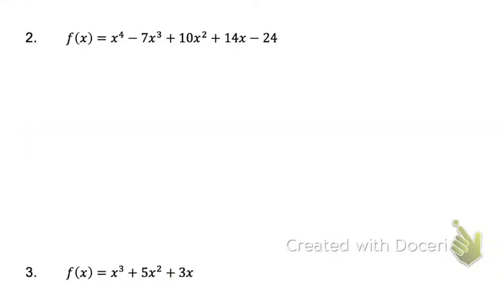Okay, so whenever you graphed this, what rational zeros did you get? Meaning, what whole numbers did you get? You probably get 2 decimals and 2 whole numbers, but we can't use the decimals. So I only have 3 and 4.